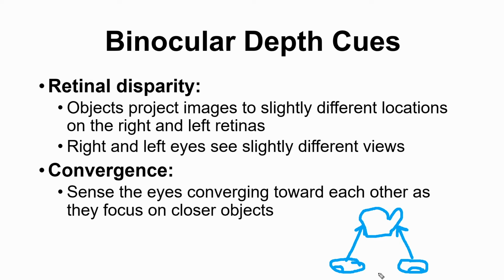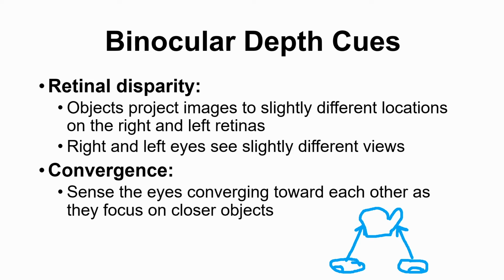So our brain can figure out this slight difference between what both eyes are seeing to determine how close or far away something is. The closer something is, the bigger the retinal disparity. The further away it is, the less retinal disparity.